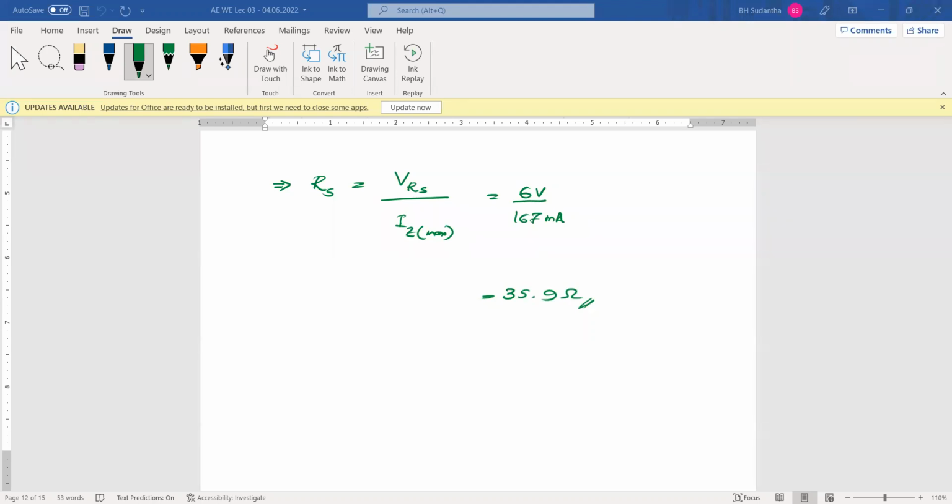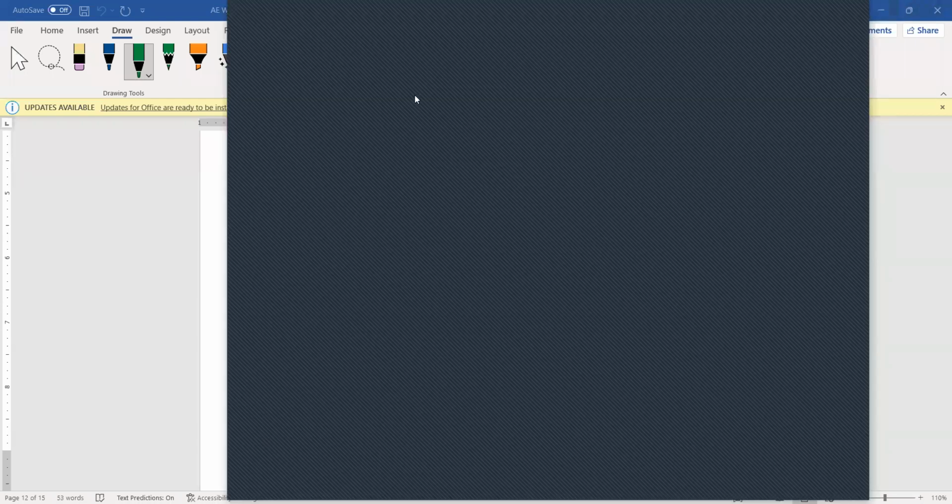The Zener diode should provide some linearity over the Zener region.